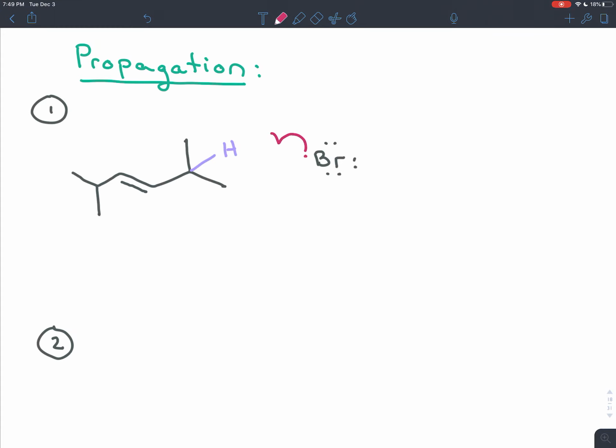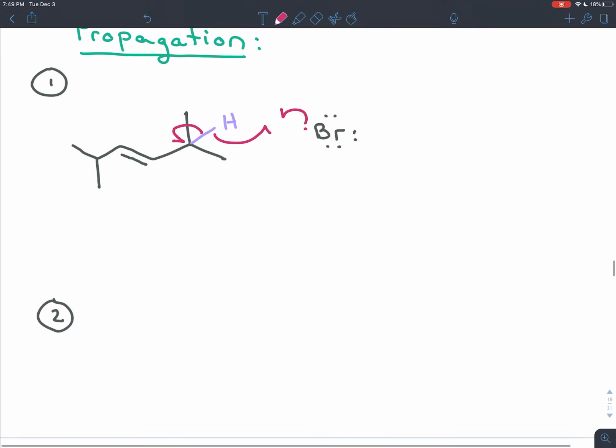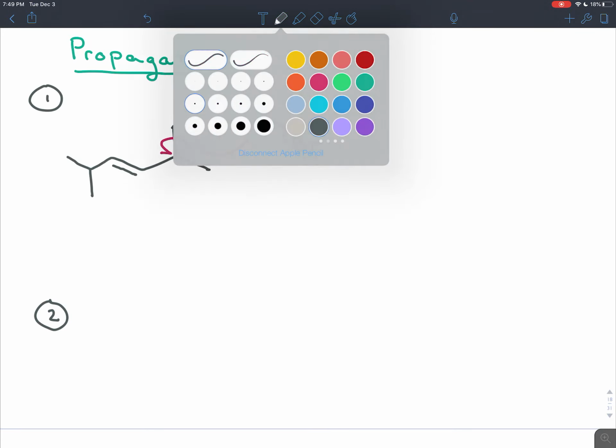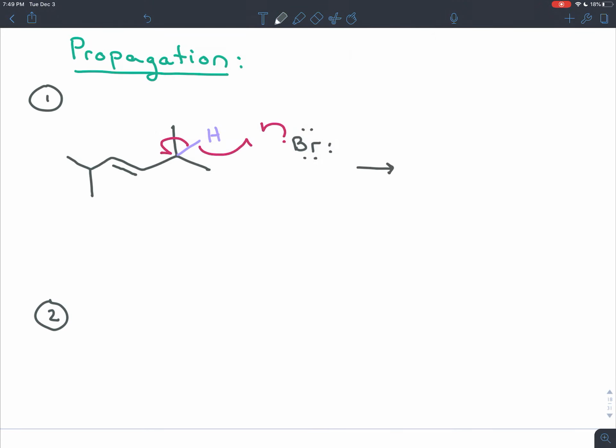The bromine is going to bond to the hydrogen. It contributes 1 electron, the unpaired electron of the radical. The hydrogen contributes 1 electron, and the second electron in the hydrogen's bond snaps back onto the carbon. So, propagation step.